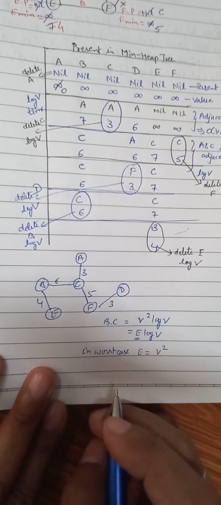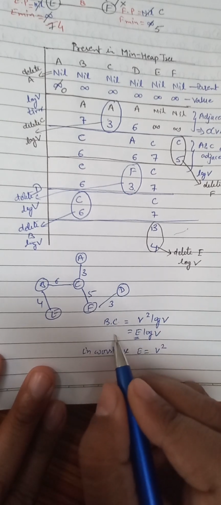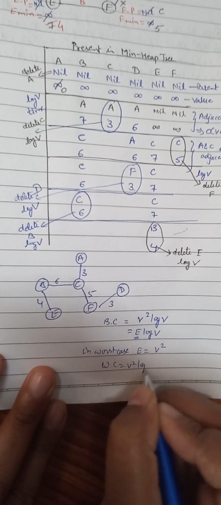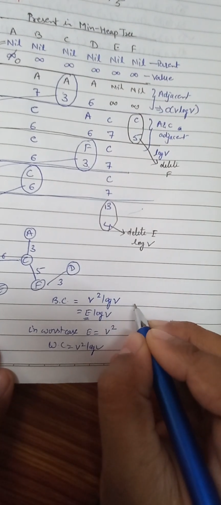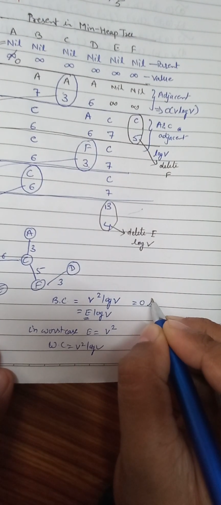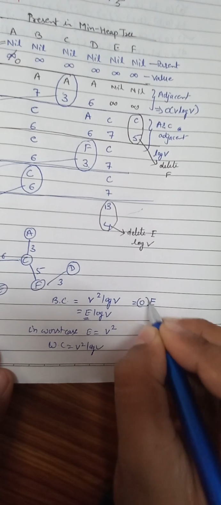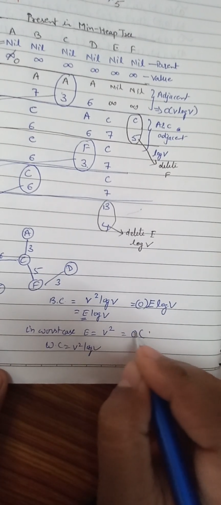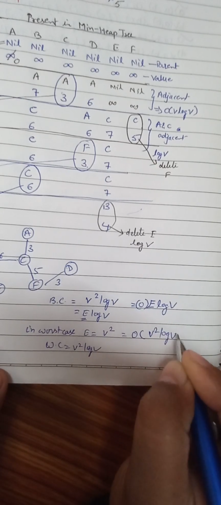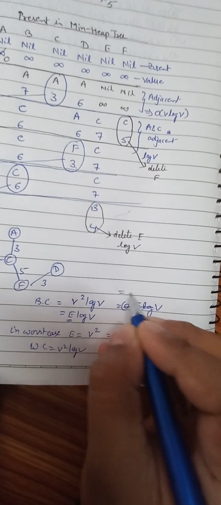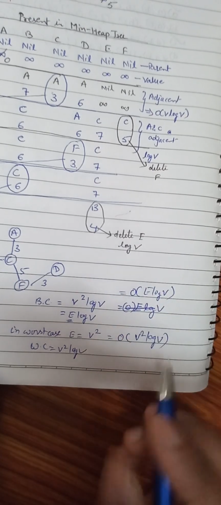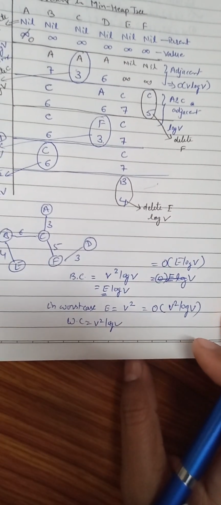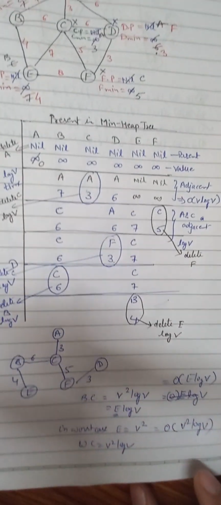But in the best case we can say E log V, and in the worst case V square log V. So the time complexity in the best case is order of E log V, and in the worst case order of V square log V. So this is the time complexity of Prim's algorithm using min heap tree.